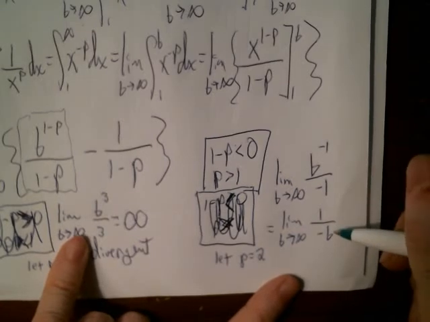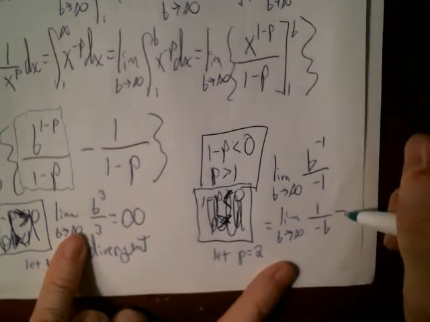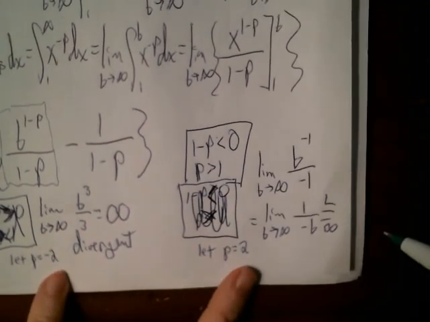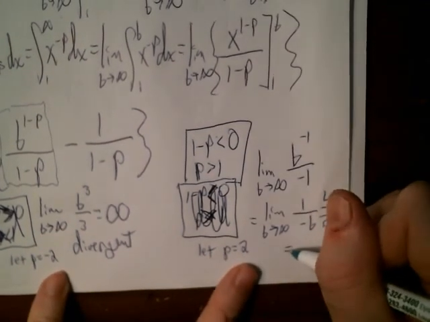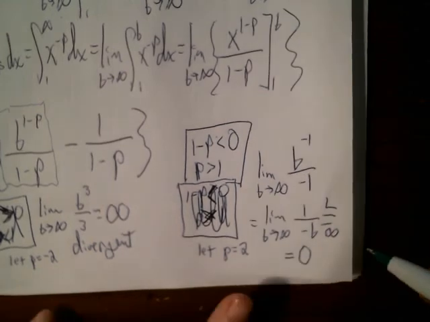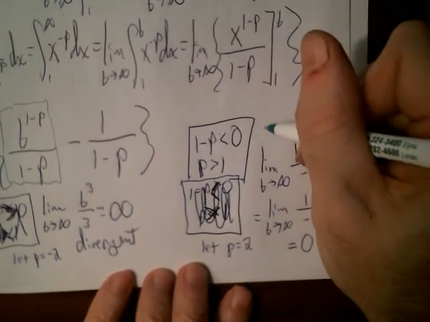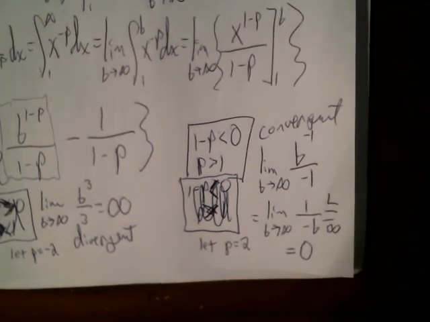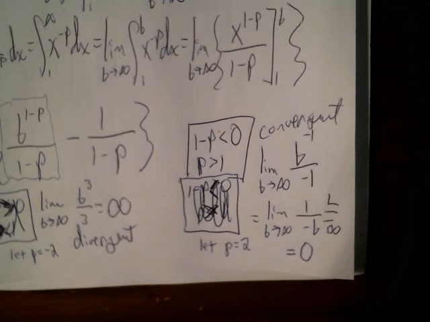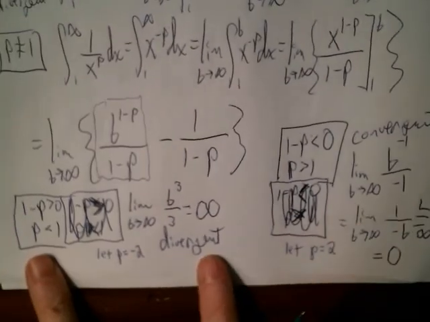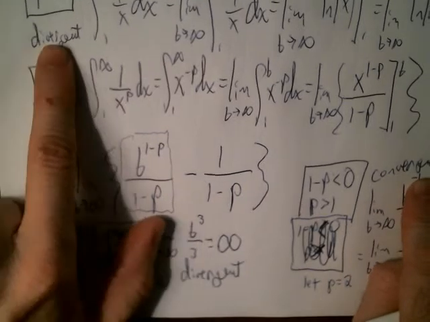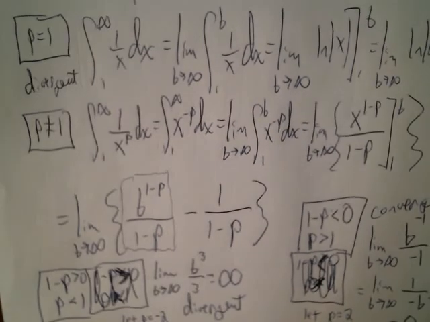In this case, it's a constant over infinity, or negative infinity, but a constant over infinity nonetheless. In those cases, it goes to 0. So in this case, it's convergent. We suspect that, we haven't proven it, but it turns out that that would be the case. So if p is less than 1, it's divergent. If p is greater than 1, it's convergent. If p equals 1, it's divergent.